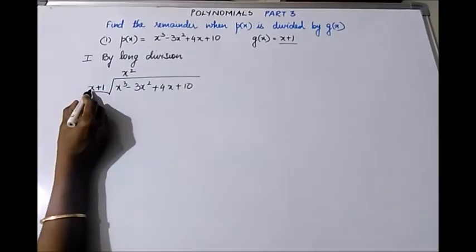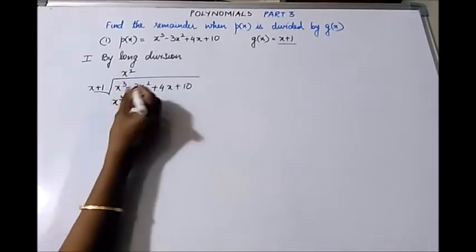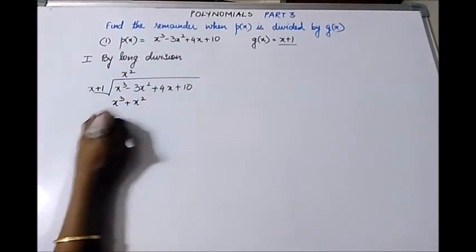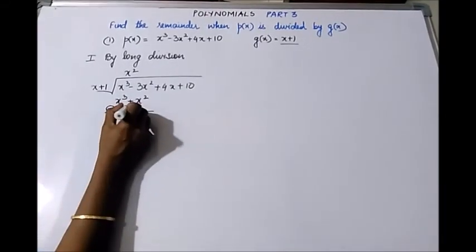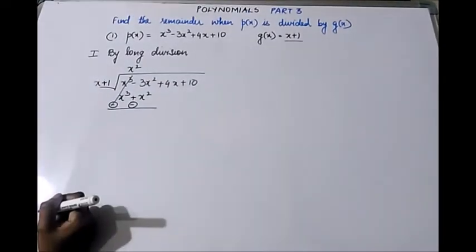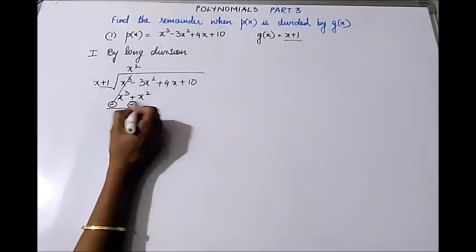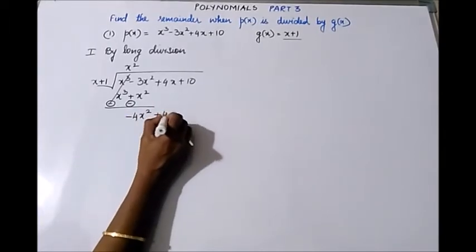Multiply x square by the divisor, that is x square into x is x cube, x square into 1 is plus x square. Now we have to do subtraction, that is plus becomes minus, here plus becomes minus. X cube minus x cube will be 0, the terms will get cancelled. Minus 3x square minus x square will give me minus 4x square. The remaining terms get it down.